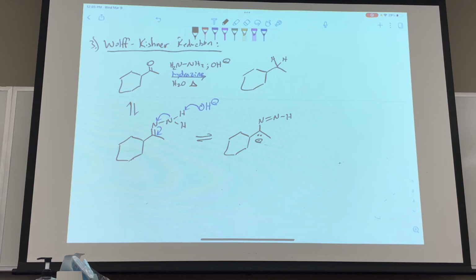And then that is just going to grab a proton from water. So initially, our neutral intermediate is going to look like this. Okay. Any questions on this so far?